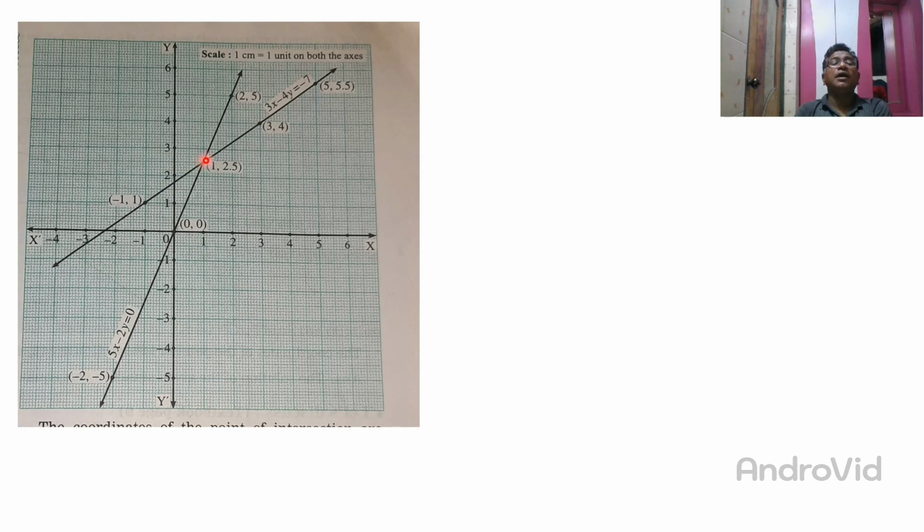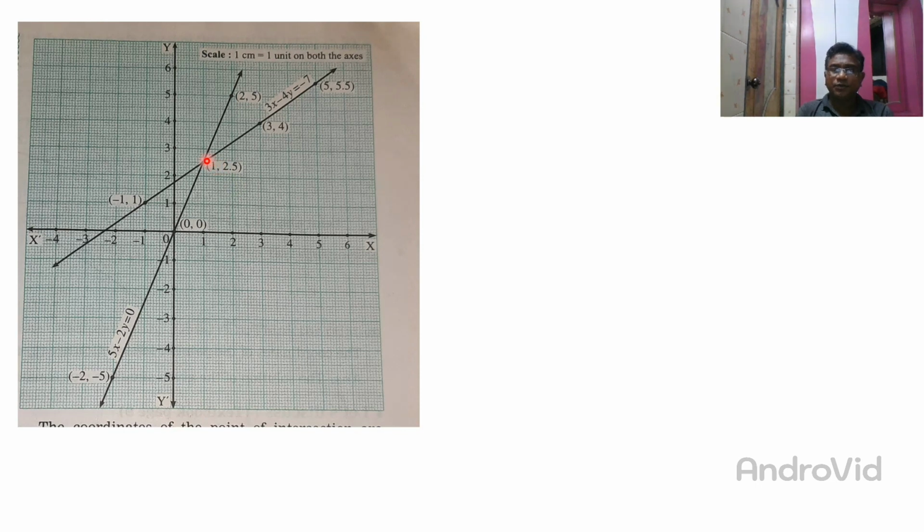Okay. Then another, x-axis 2 and y-axis 5. So here I plot the point. In such a way these 4 points are obtained and they are joined by a straight line. And then I write the equation here, 5x minus 2y. So when the 2 line equations are plotted, these 2 lines intersect here, that is 1 and 2.5.